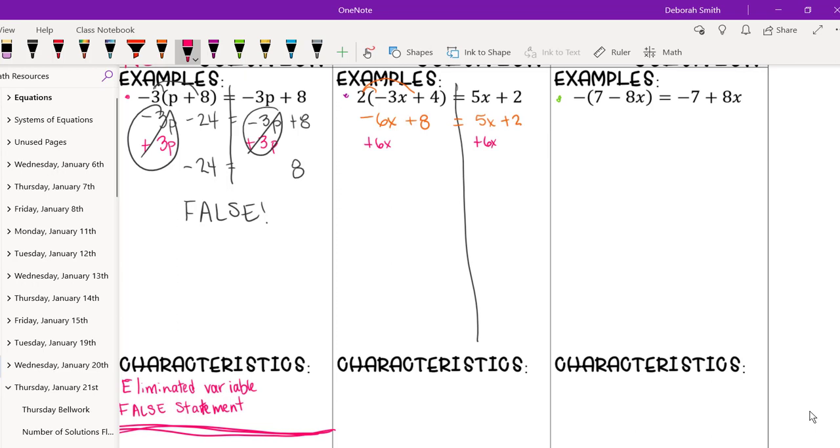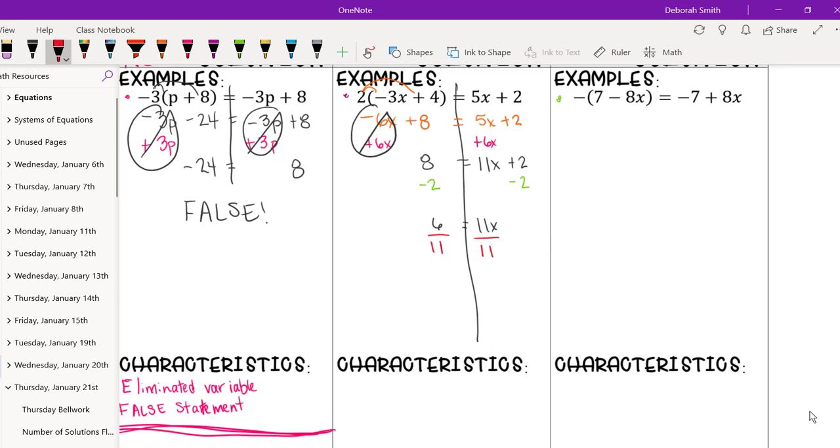And then when I add 6x to both sides, I'm going to be left with 8 here because those make 0 together. 5x plus 6x is 11x plus 2. Now it's a two-step equation. I eliminate my constant 2 by subtracting 2 from both sides. Simplify. 6 equals 11x.